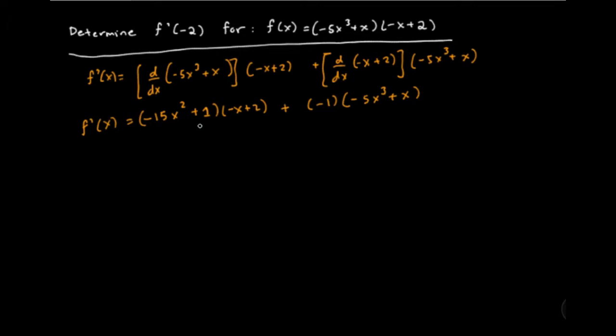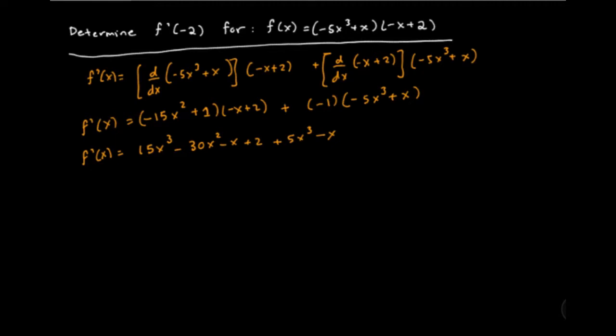In this case, if you expand this out, you get 15x cubed minus 30x squared minus x plus 2 plus 5x cubed minus x. So this is f prime of x.